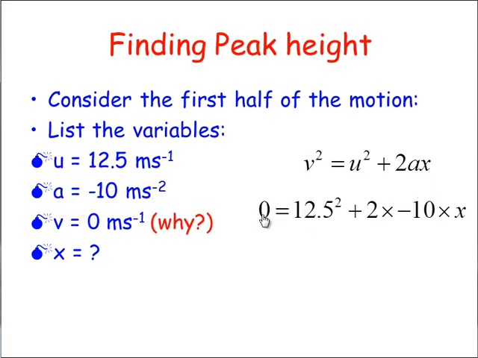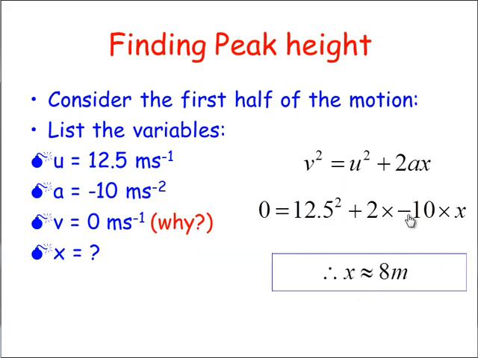So substitute in, we've got 0 equals 12.5 squared plus 2 times negative 10 times x. Now I will tend to substitute directly in as negative 20 in further problems, but the negative 20 comes from there. So solving that, adding 20x to the other side, dividing by 20, we get x is approximately 8 meters. So peak height is about 8 meters high.